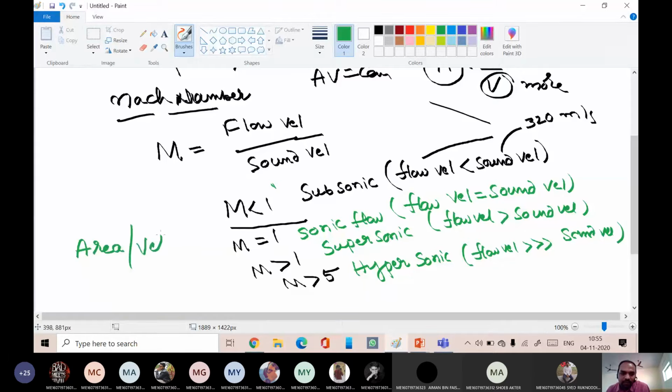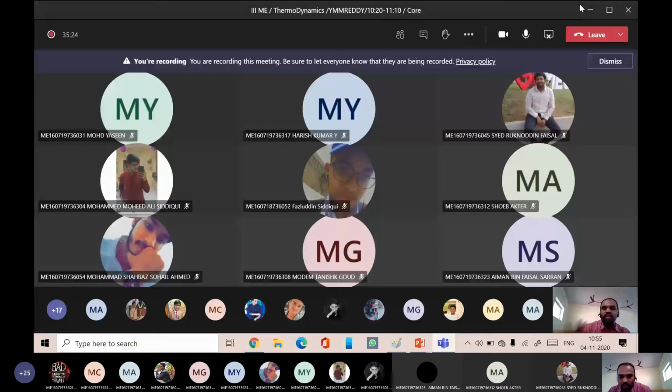If you know the area velocity relationship, then we can say whether the given cross section will work as a nozzle or diffuser. If anybody is interested, call me personally, I will send the notes for that. But as of now, it is not required. So you should remember that a nozzle is not necessarily convergent, it may be divergent.